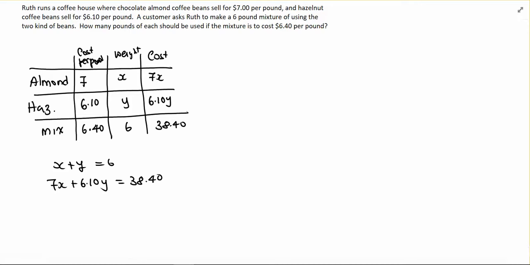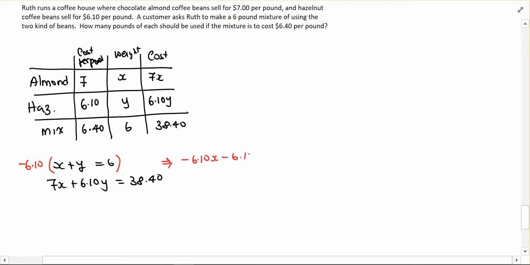So it's all nicely lined up. So I'm going to make the y go away. So I'm going to multiply this by negative 6.10. That's going to give me negative 6.10x, negative 6.10y equals 6.10 times 6, negative 36.6. And that second equation, I don't have to make any changes.